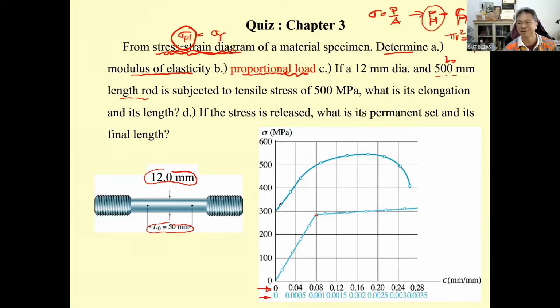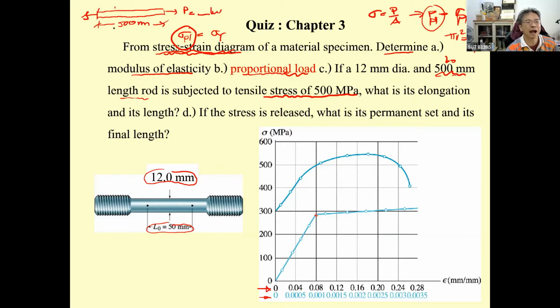But for the real structure, it is 500 millimeter and is subjected to the tensile stress. Again, this is a new one. They didn't ask you that it's going to have a structural member subjected to a force, and then this is going to be 500 millimeter, and the load is going to be something.